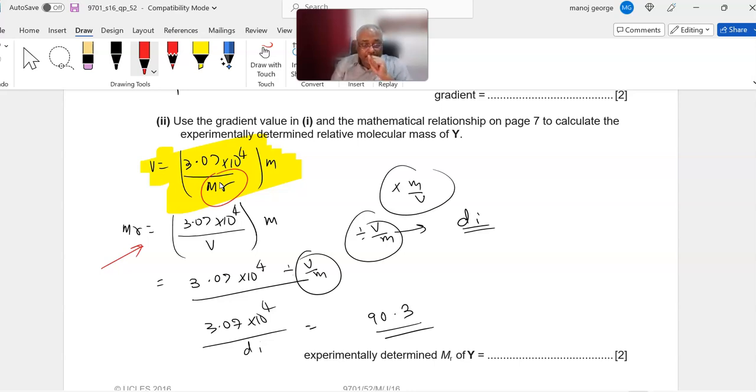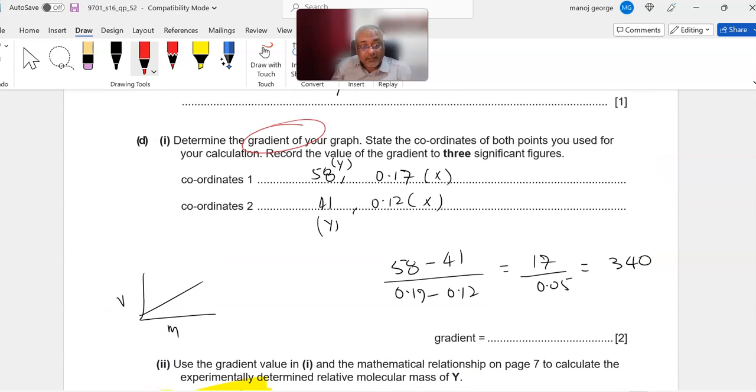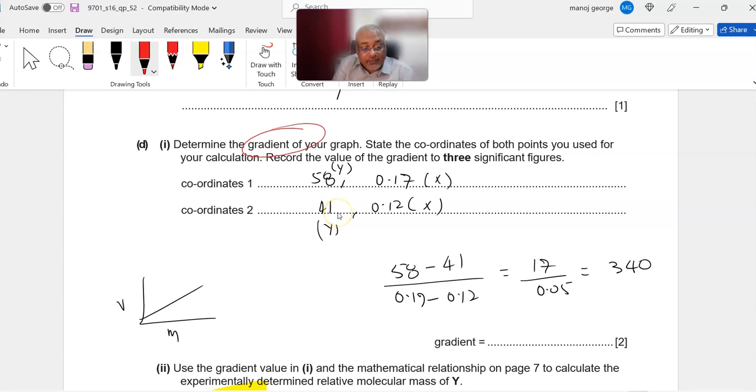Now, what I have done here is you have to use one mathematical concept here. Whenever you find gradient, you understand that volume is on the y-axis, the m was on the x-axis, if you look at your graph. So this gradient, what you get is actually v by m, right? That's the understanding there.